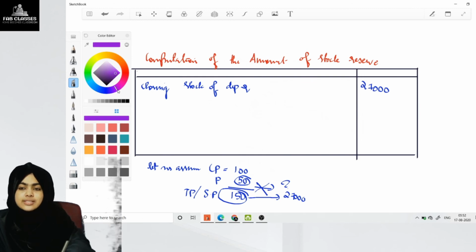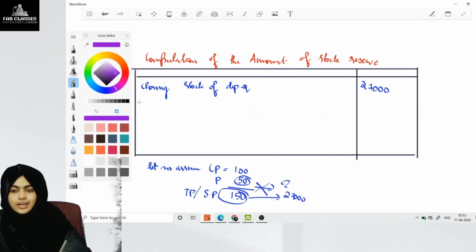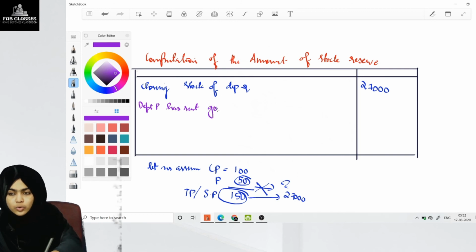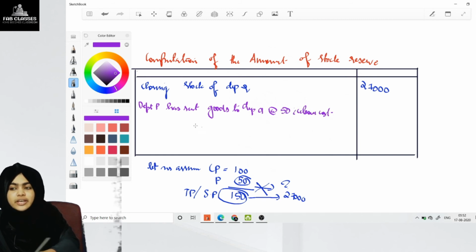Okay, let's understand. Department P has sent goods to department Q at 50% above cost. Doing this cross multiplication, we get 27,000 into 50 divided by 150.